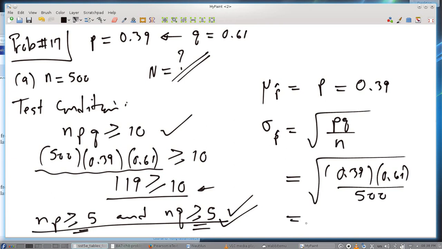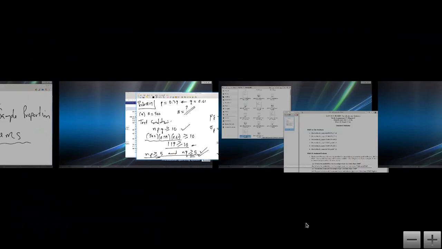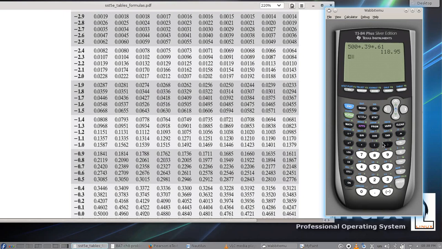And that will give us, let me see here, the square root of 0.39 times 0.61 divided by 500.